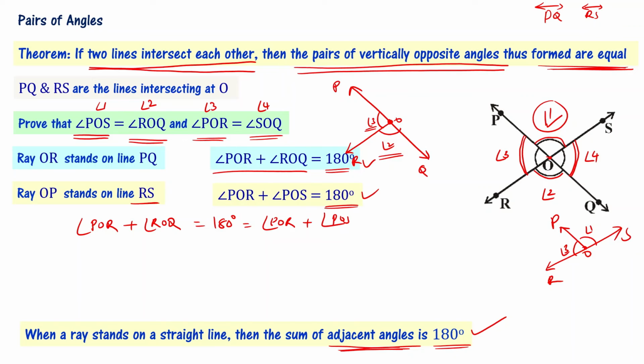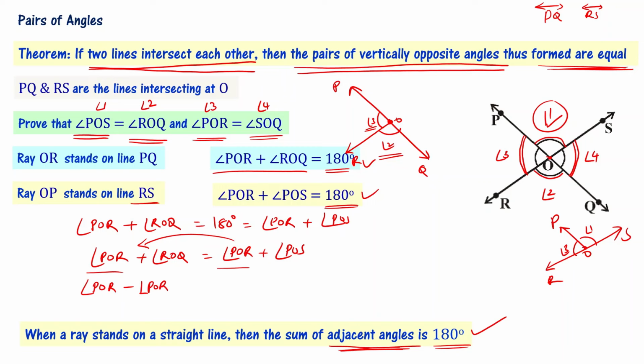Now you observe angle POR plus angle ROQ is equal to angle POR plus angle POS. Here POR is there, and here POR is there. If we bring it to this side, angle POR minus angle POR plus angle ROQ equals angle POS. POR minus POR cancels, and what you have is angle ROQ equal to angle POS.